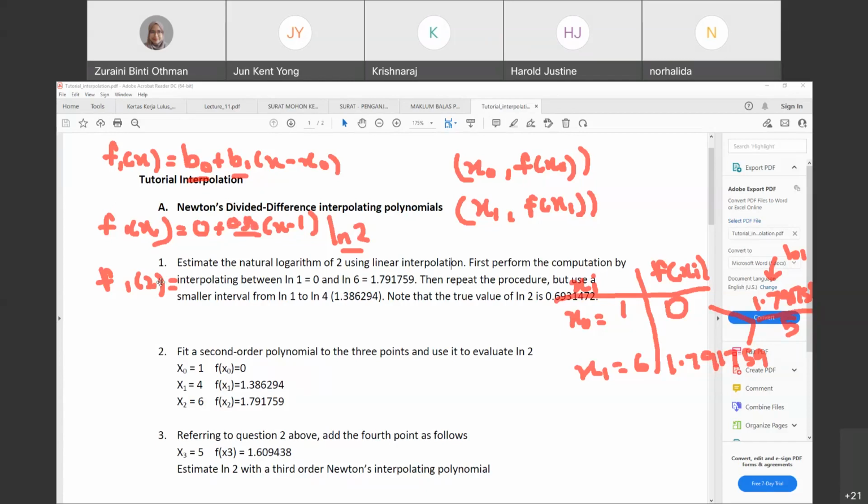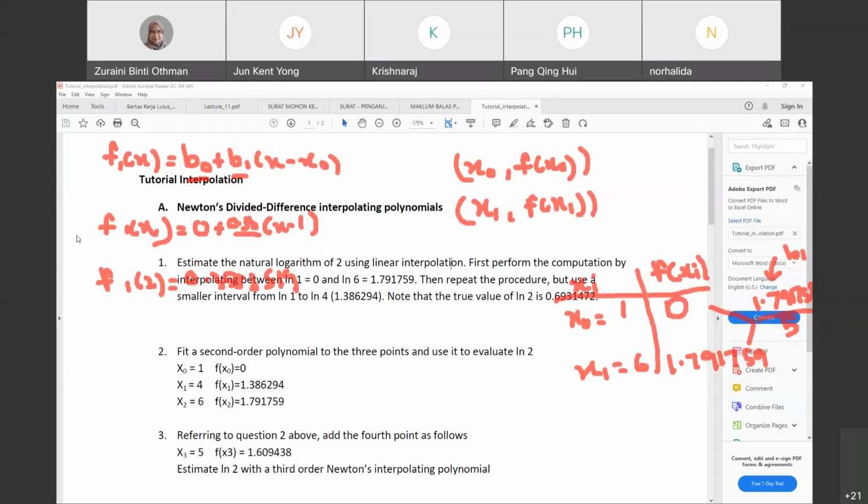Oh, you mean that yang ni dia b1? Oh, jawapan akhir dia. Give me the final answer. 0.3583519 something like that, right? Ya. Okay, now this is the first answer.